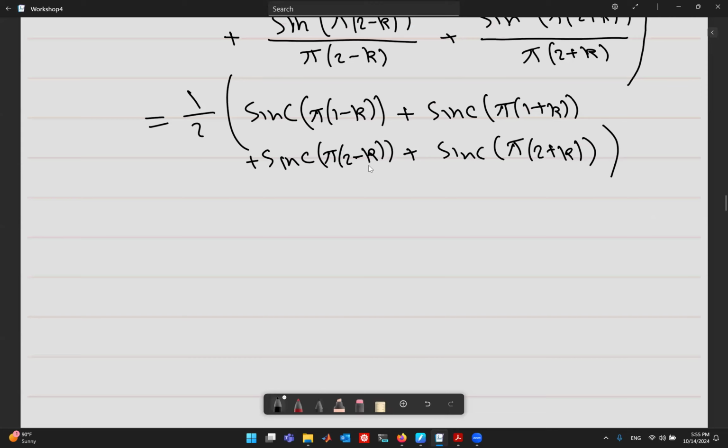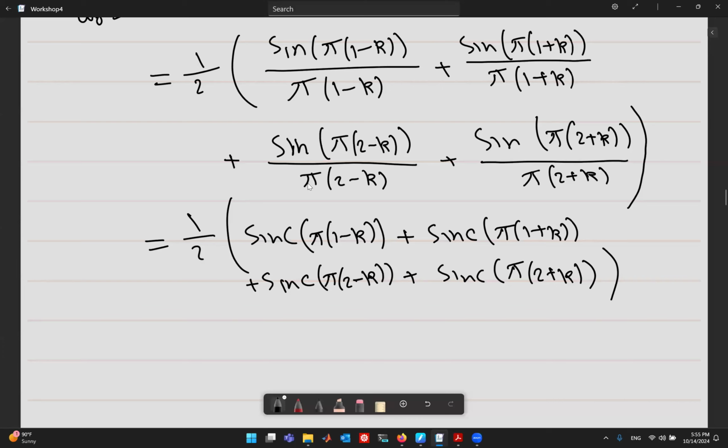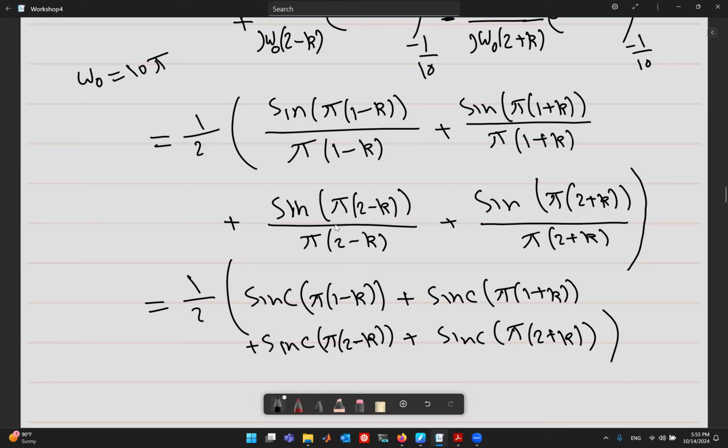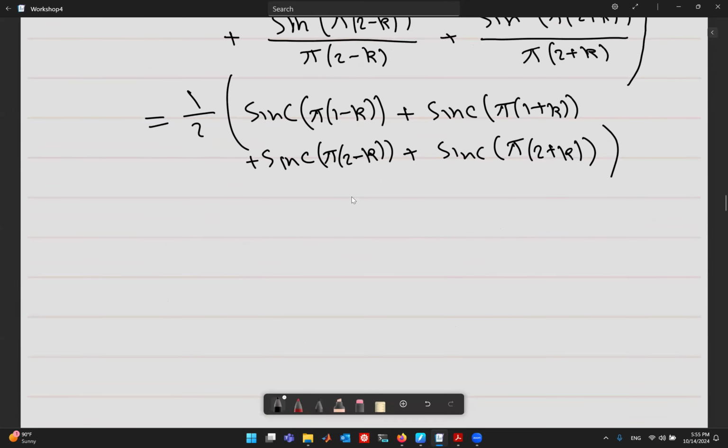Is that something you just have to memorize? Which part, the sinc function? Oh, the sinc is defined this way. This is the definition of the sinc.